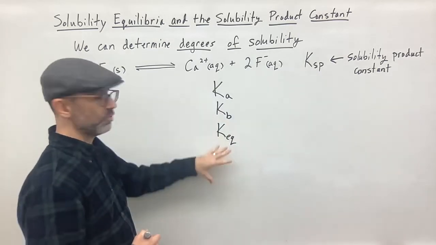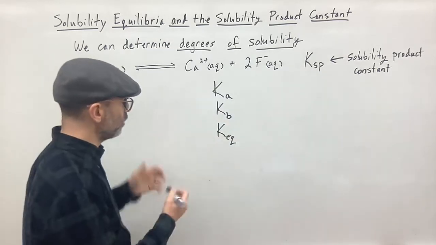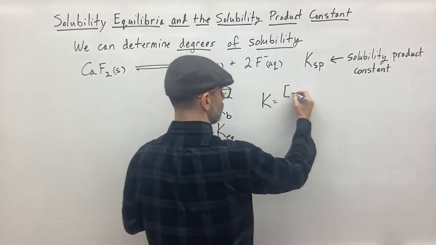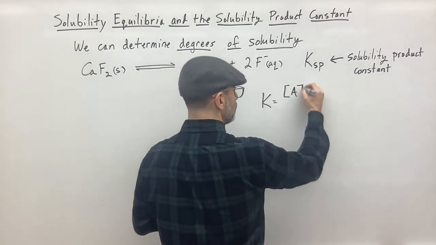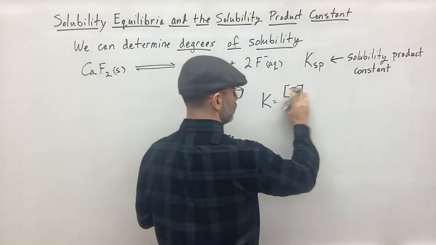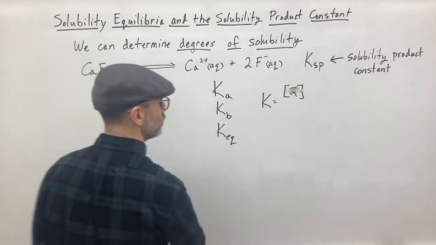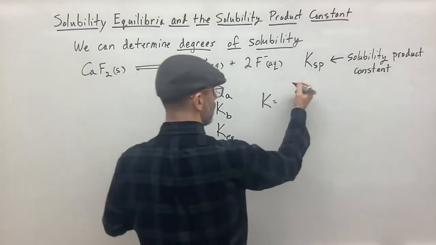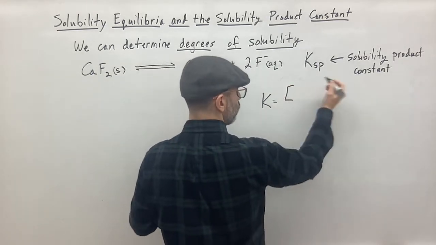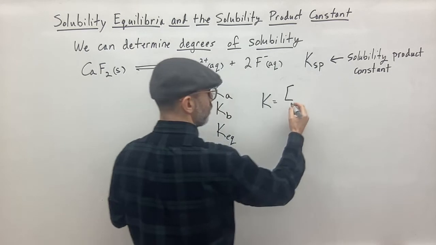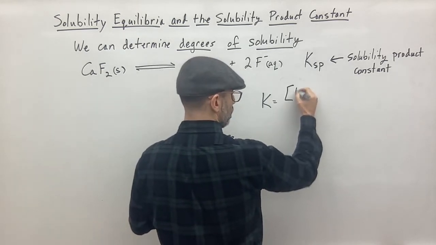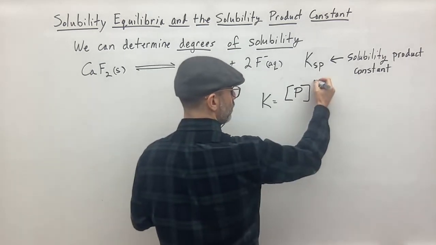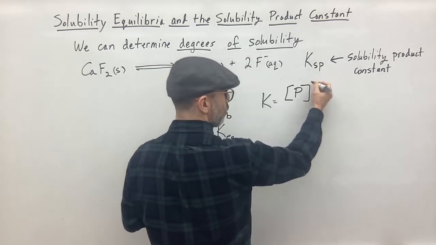Just like all of these, the general equation is K equal to the concentration of your, I'll do this in terms of reactants and products, I'm sorry, your products, raised to some power, which is the power of the coefficient.